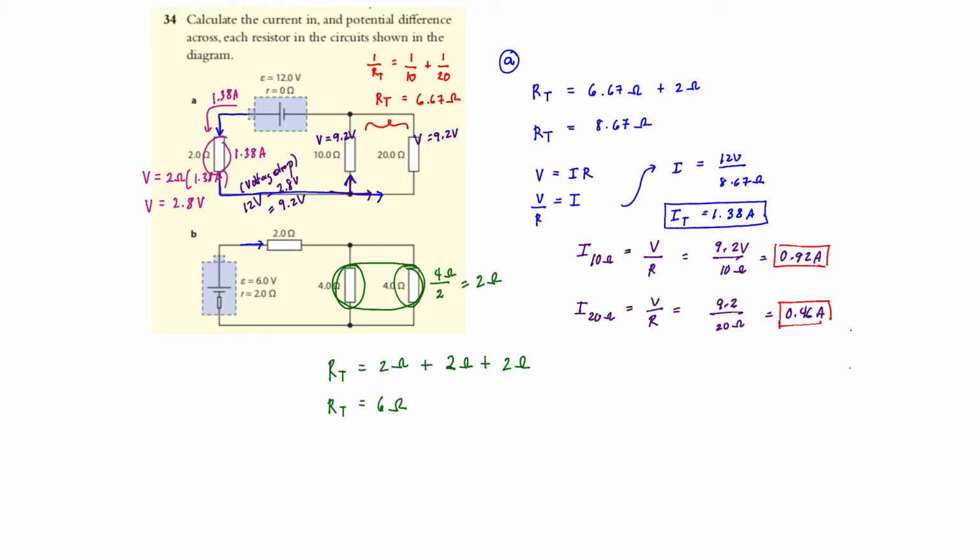And we'll try to get the current now. That is the total voltage over the total resistance. So we have 6 volts over 6 ohms, and the current now would be 1 ampere.